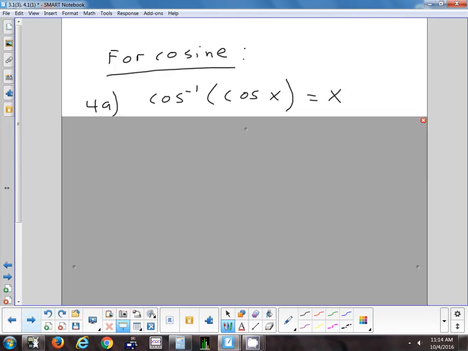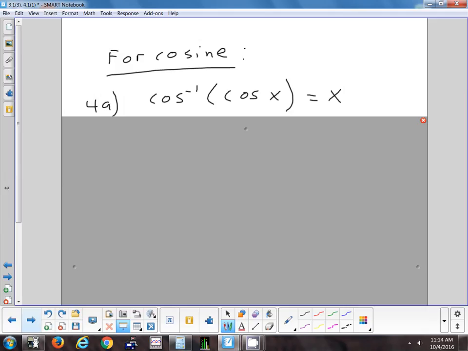All right, so we've got basically the same type of deal for cosine and for tangent. Okay, so let's start with the one where inverse cosine is on the outside. Anybody remember from yesterday what we had to be between for inverse cosine? It wasn't negative 90 to 90, but something similar. Yep, go ahead, Katrina.